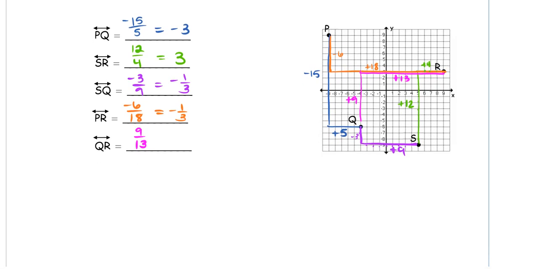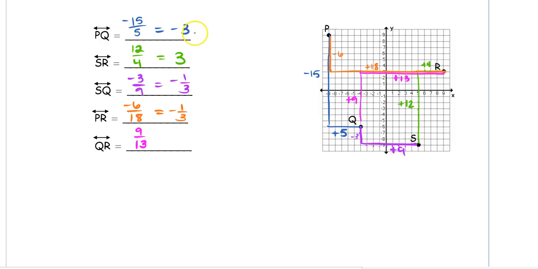So now what we have to do is analyze this information and use it to draw our conclusions. Remember, what we wanted to do is determine which lines were parallel and which ones were perpendicular. The parallel ones shouldn't be too hard to recognize because remember, parallel means they have exactly the same slope.